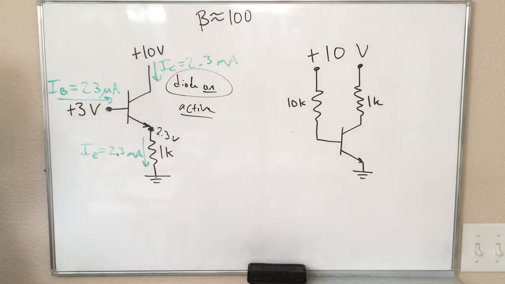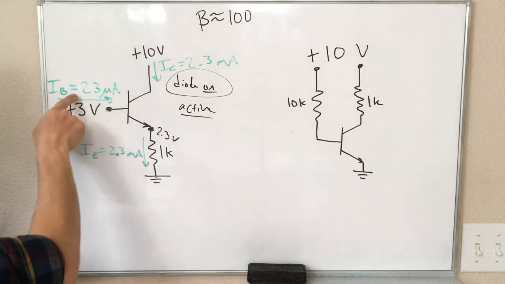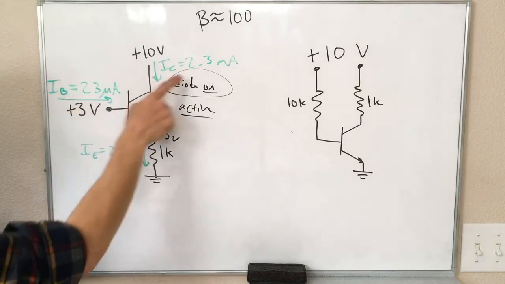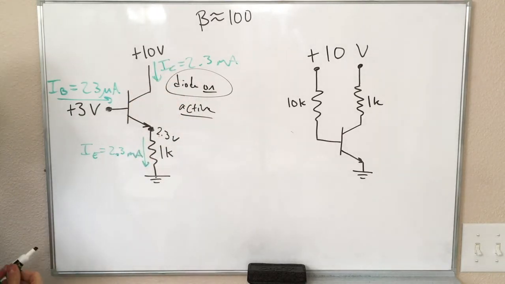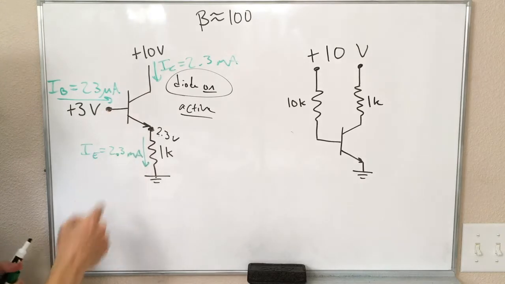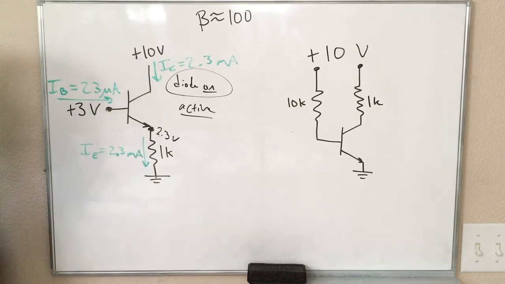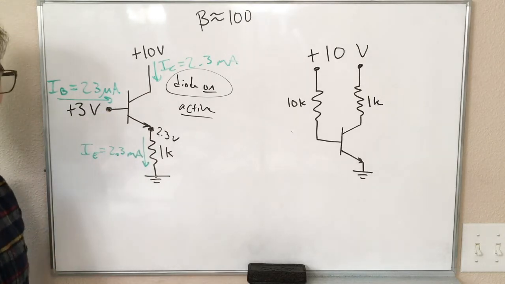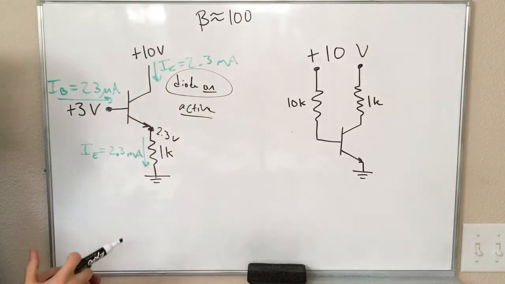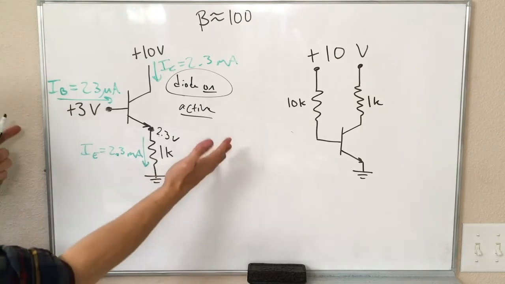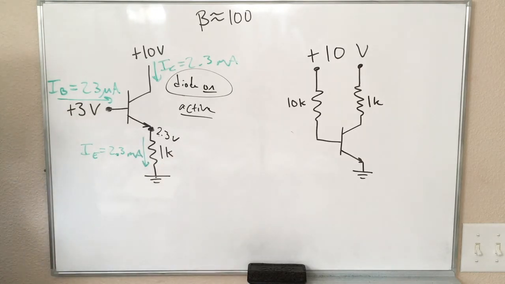If we were trying to be really careful, it would really be 2.3 milliamps minus 23 microamps, so about 2.28 milliamps. But our little model of the diode conduction is probably only good to 1% or so anyway. So leaving this as 2.3 milliamps is precise enough for our purposes in 315. Anyway, that's a complete analysis of this circuit on the left.